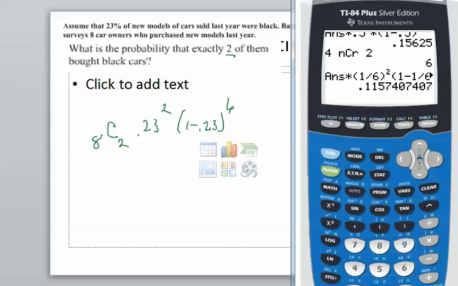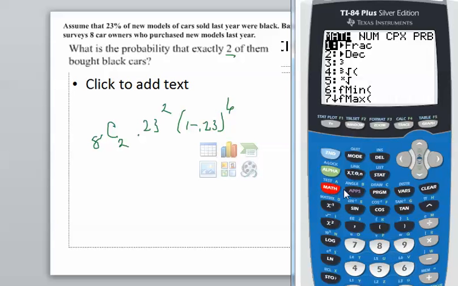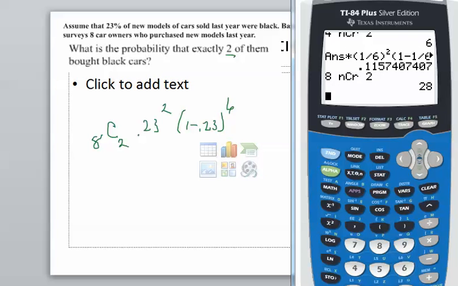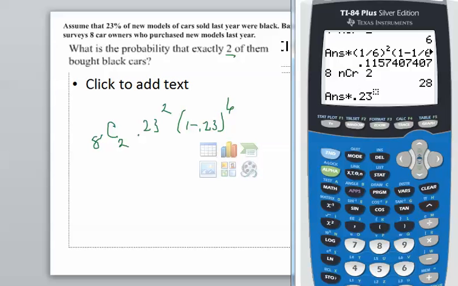Okay? So let's try that on the calculator. 8, math, PRB, 3, 2, hit enter. 28 times 0.23 raised to the 2nd power times 1 minus 0.23 raised to the 6th power.